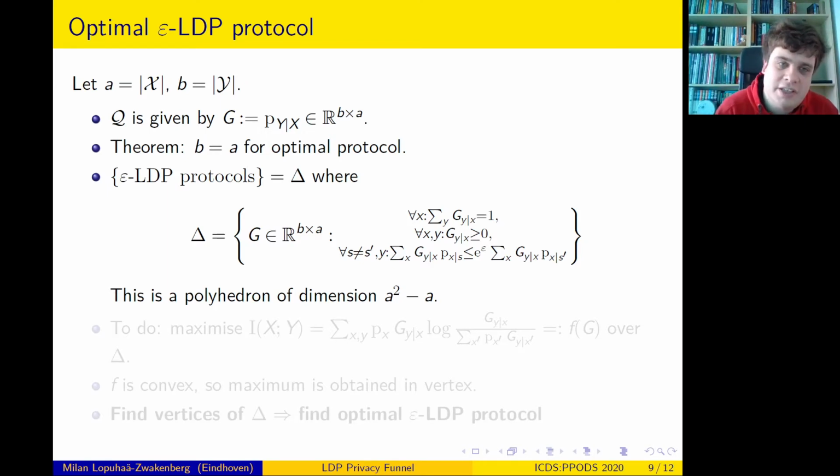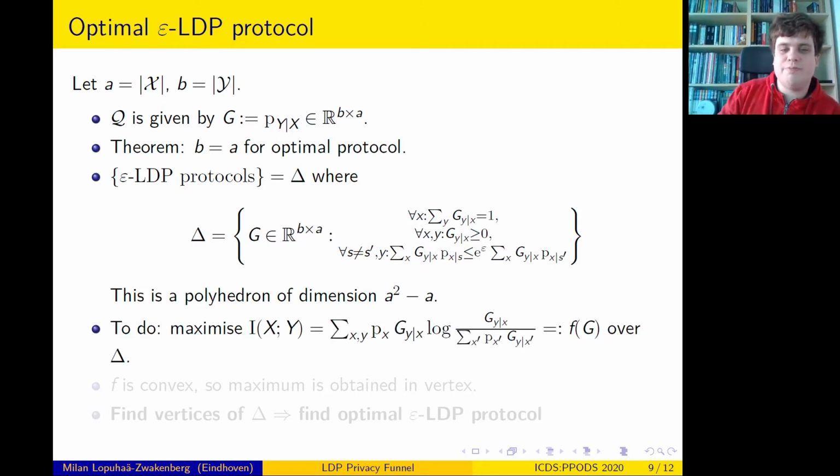What matters to us is that these equations are all linear, and that means that this delta is a polyhedron. It's a polyhedron of dimension A squared minus A, in fact. And what we want to do is maximize mutual information over this polyhedron. You can express mutual information as a function in G, which is what I have done on this line.